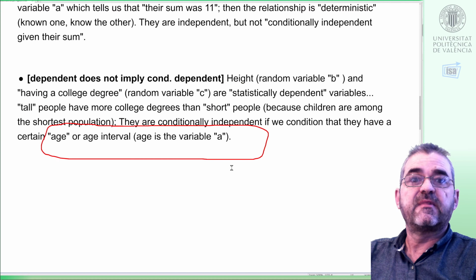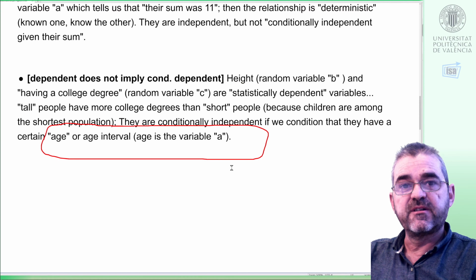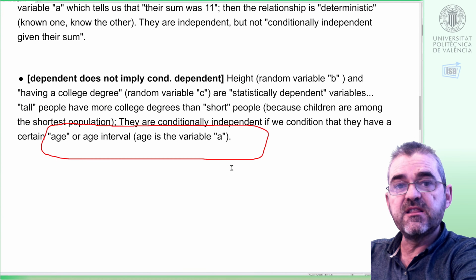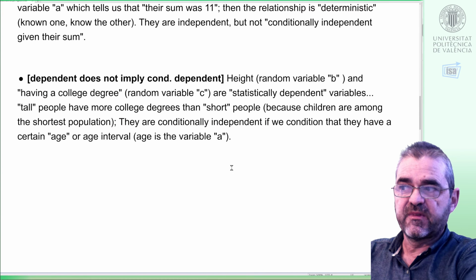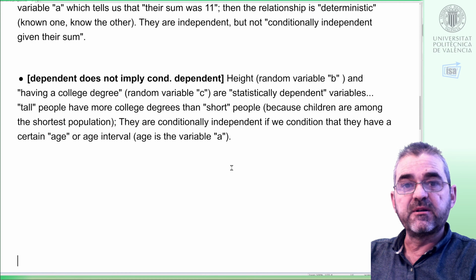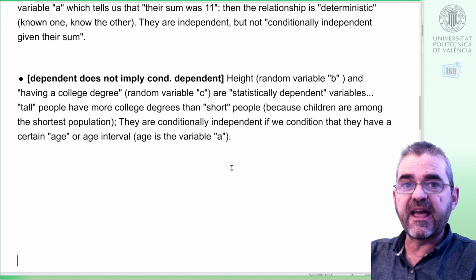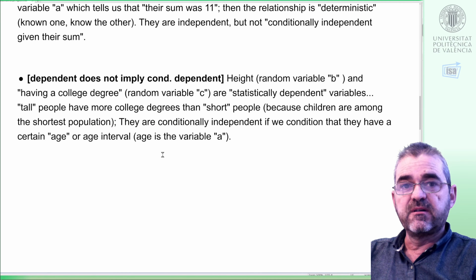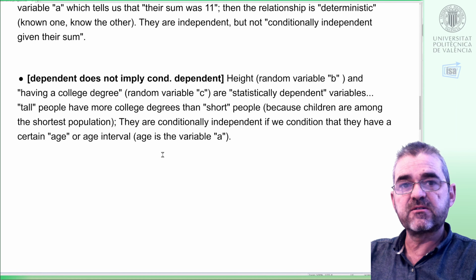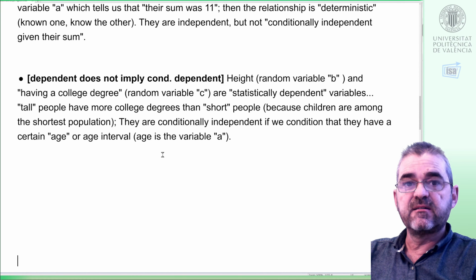But let's explain that correlation, splitting it into conditionally independent pieces. The intermediate variable that explains everything is age. You know, if I choose for my sample only people above 26 years of age, then there is no remaining correlation between height and college degree.